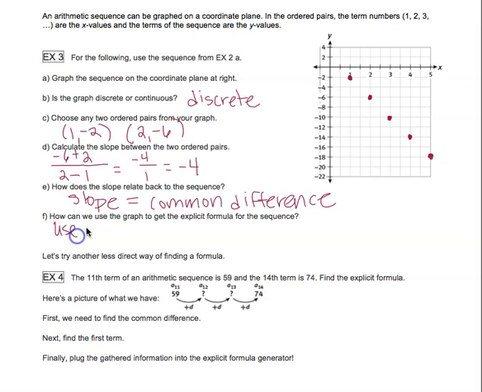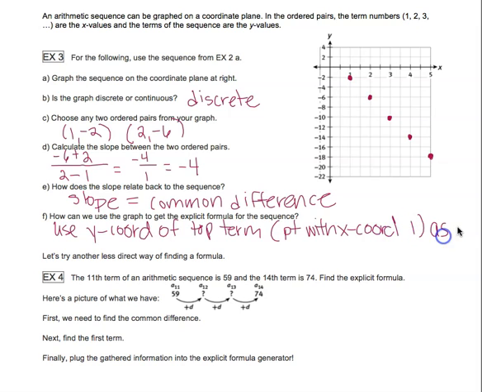So use the y coordinate of the top term, or point with the x coordinate of 1, as a sub 1. That's our first term. And we could count slope using rise over run to find the common difference.